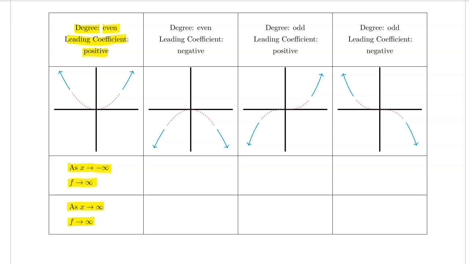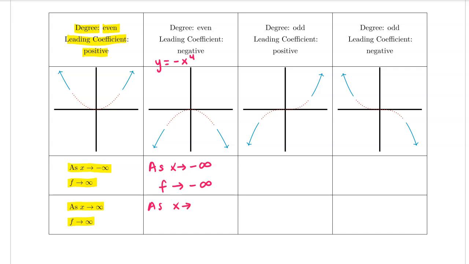Let's go ahead and fill in the rest of this table. If our degree is even and our leading coefficient is negative, which is like the example we just saw, y equals negative x to the fourth power, then we would say as x approaches negative infinity, then f approaches negative infinity.